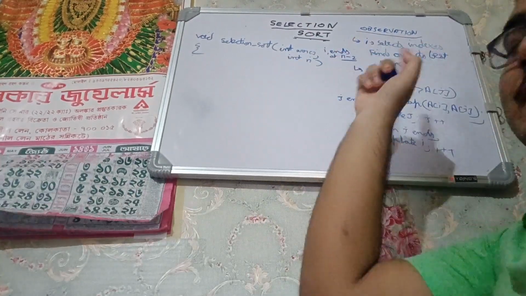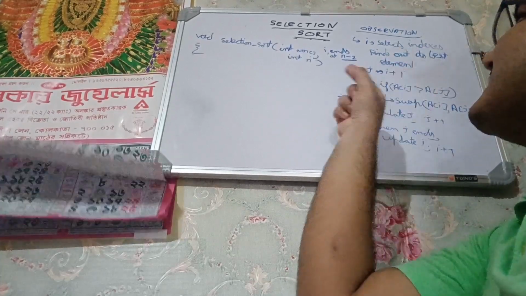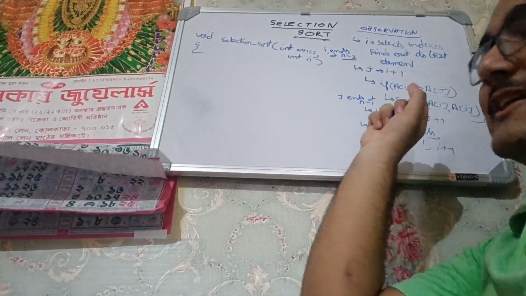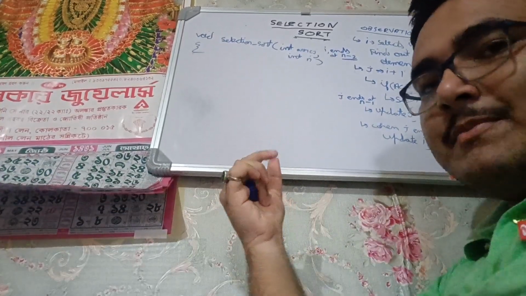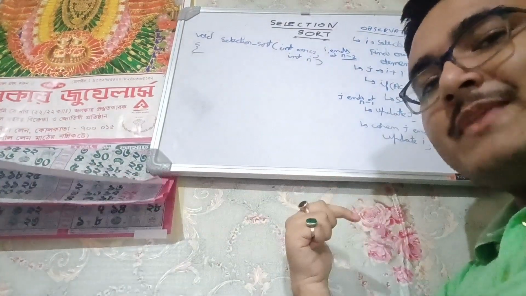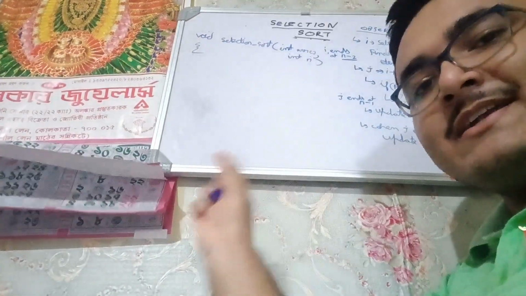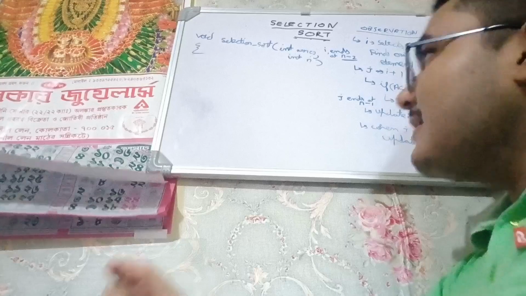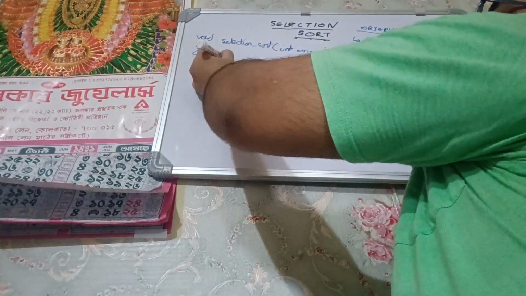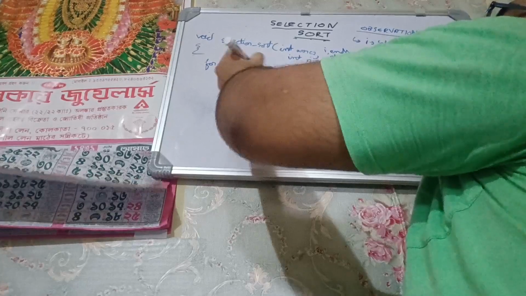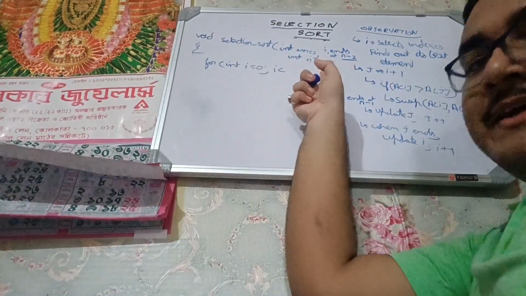Now let us look at the observations. I selects indexes, finds out the best element. Now from where does I start? Definitely from index 0, because either it will start from the end or it will start from the first, and we have seen in our case I started from the first index, right? So for int i equal to 0, now I ends at n minus 2, right?